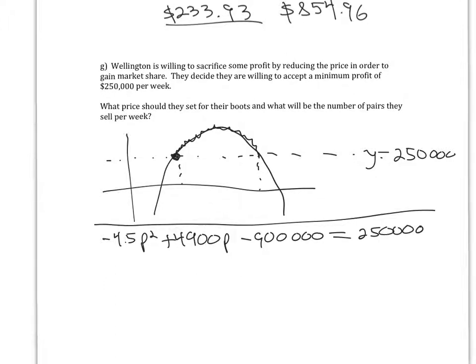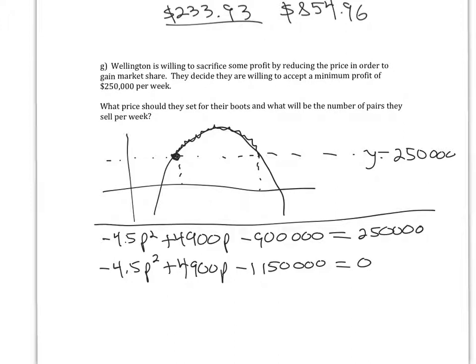And when we do that, we then want to rework it so that we again have another quadratic set equal to 0. We're going to subtract 250,000 from both sides, which will give us negative 1,150,000 on this side, and that is going to be equal to 0. And then we want to find the roots of that.